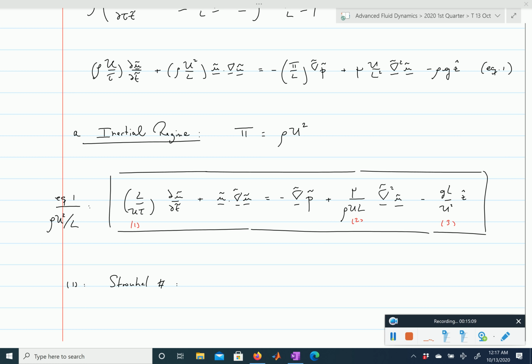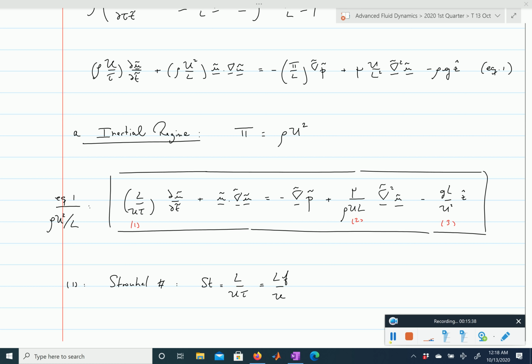Usually it is written as an ST, and this is equal to L divided by, so your characteristic length scale divided by your characteristic velocity times your characteristic time scale. If your time scale is given as a frequency, so time scale is 1 divided by frequency, then you can write your Strouhal number as L times F divided by U. It really depends what is given to you.